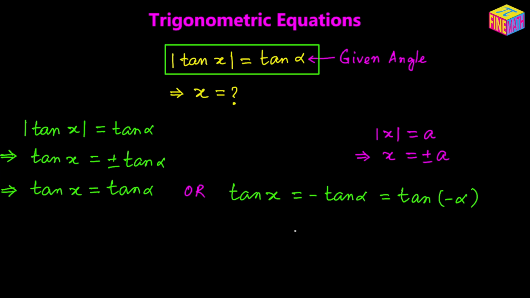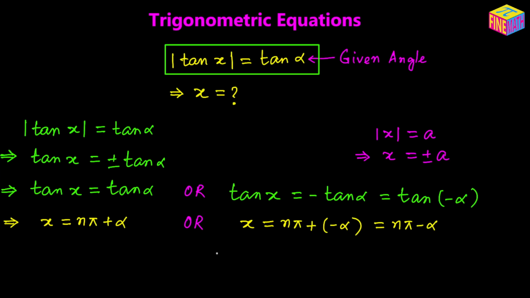And now it's going to be pretty easy to write the value of x, because in a previous video we have seen the solution for x when tangent of x equals tangent of alpha, and the solution is that x equals n times pi plus alpha. So from the first equation, x will be equal to n times pi plus alpha, where n is an integer, and from the second equation x will be equal to n times pi plus negative alpha, and that can be written as n times pi minus alpha.